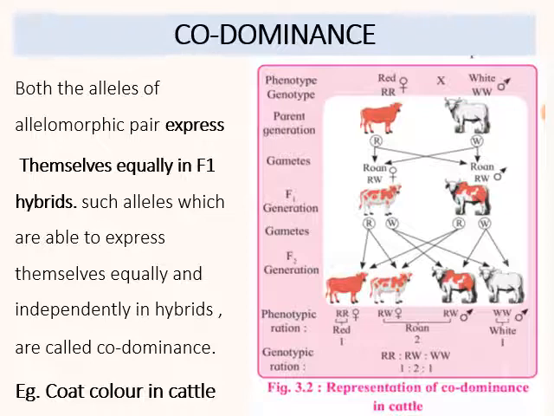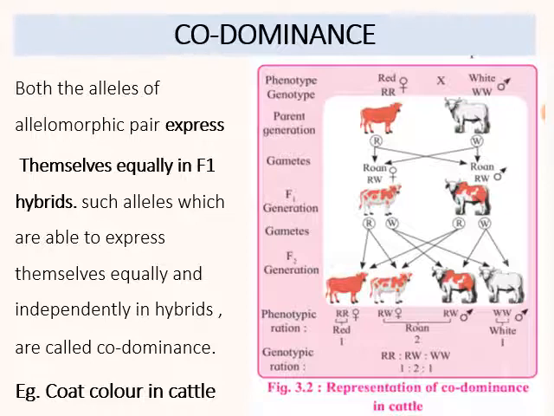So, how will you remember the difference between incomplete dominance and codominance? In incomplete dominance, both the alleles of an allelomorphic pair express themselves partially, while in codominance they express themselves equally. In incomplete dominance, intermediate expression is seen, that is, pink color flowers are obtained, but in codominance, intermediate expression is not seen.